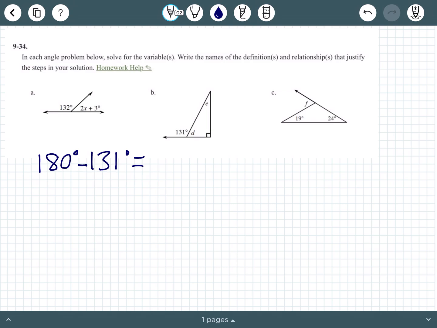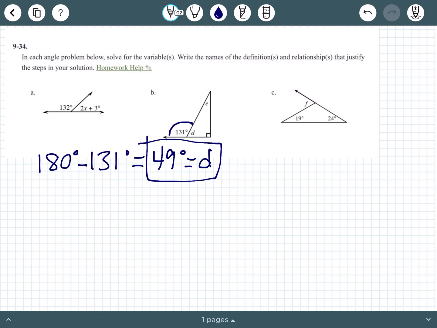And go ahead and put that into your calculator. So 180 minus 131. And you should get 49 degrees. So we'll say 49 degrees equals D. Now we need to solve for E. So something that I notice is that we have this exterior angle that is 131 degrees.